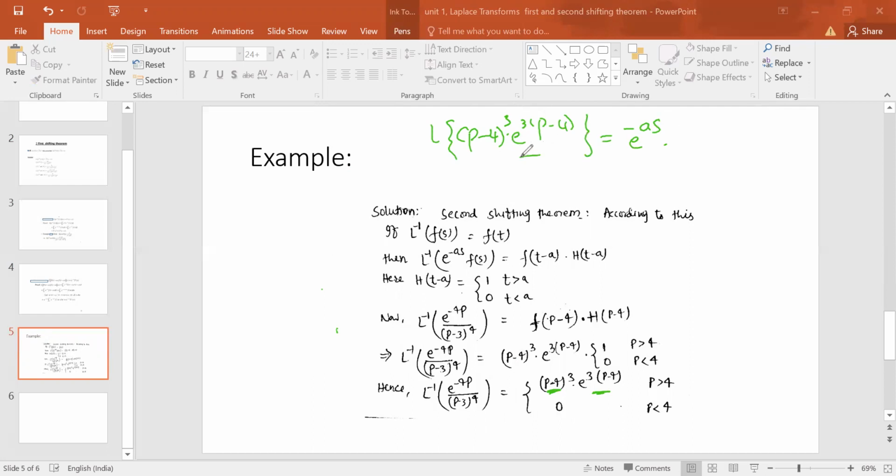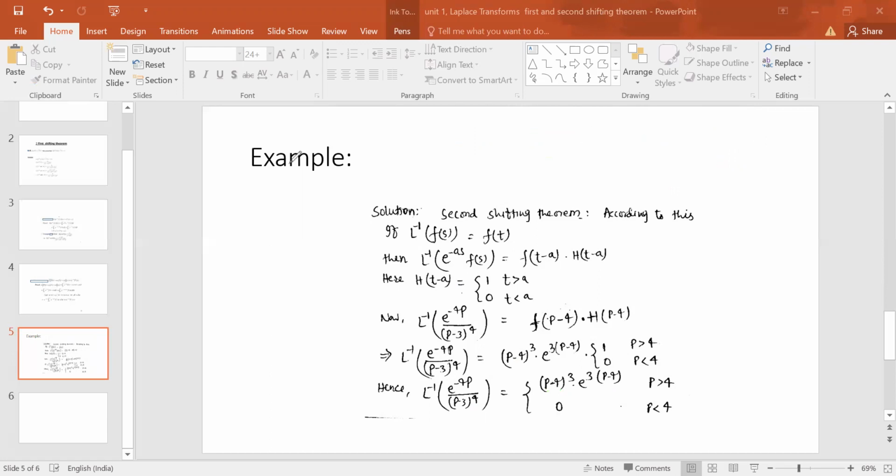What does f bar of s mean? So the Laplace transformation of this, that is what it is, like e power 3 into t, that is e power minus p minus 3 whole power 4. Okay, so like this, the second shifting theorem will be applied.